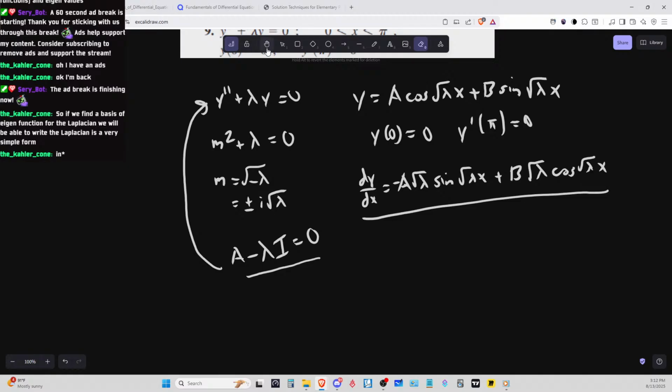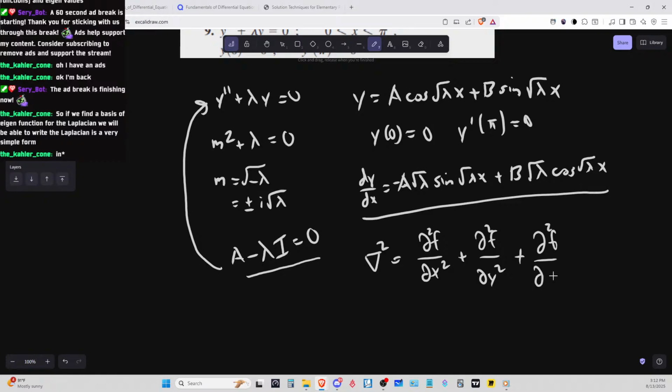Because what I remember about the Laplacian is this is equal to that, which is f of x. I think all of them are supposed to be the second derivative of each other. I think it's something like that.